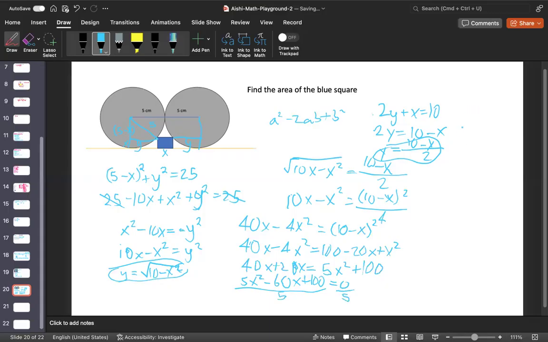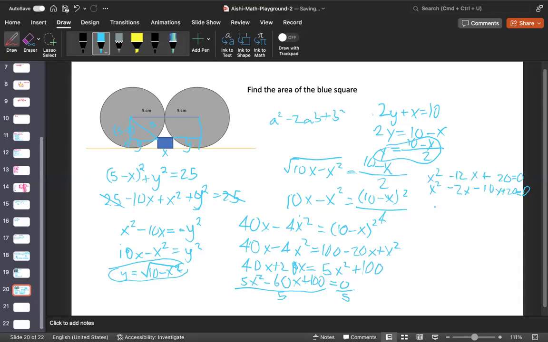So we have x squared minus 12x plus 20 is equal to 0. So then we have x squared minus 2x minus 10x plus 20 is equal to 0, right?